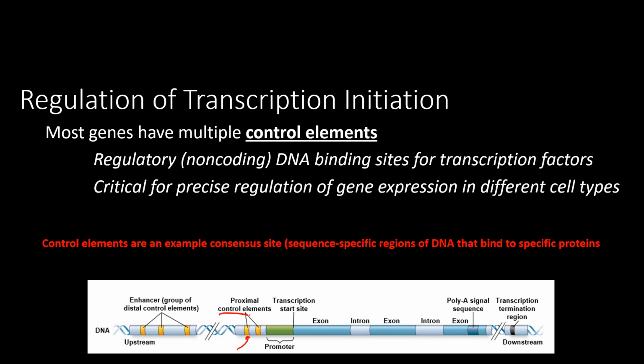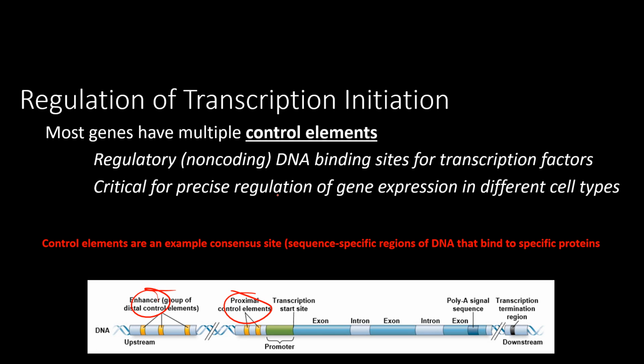And we call those collectively, you can think of those as control elements. More generically, we talk about these sequences of DNA as called a consensus site. Really, all a consensus site is a sequence of specific nucleotides that in turn bind to a protein of some kind or another. Okay?